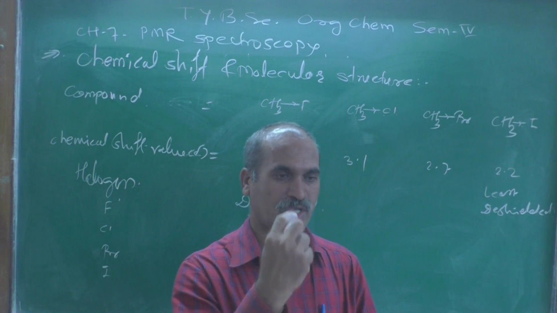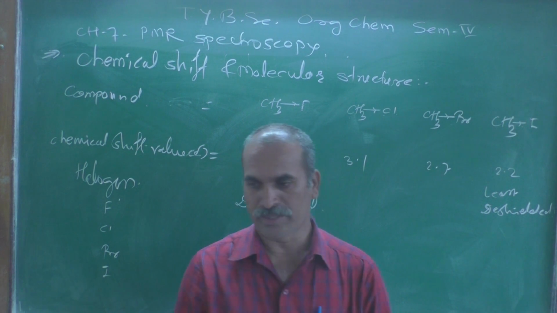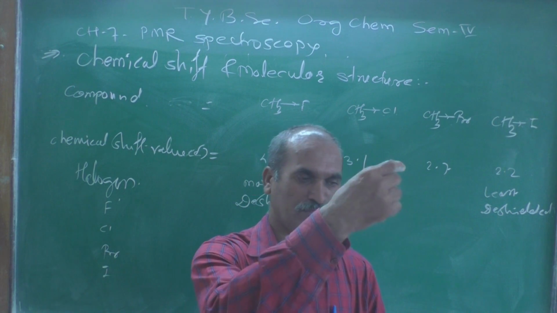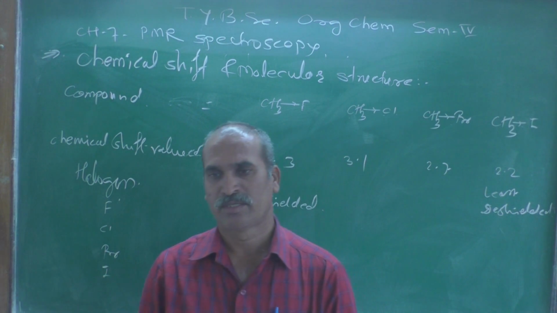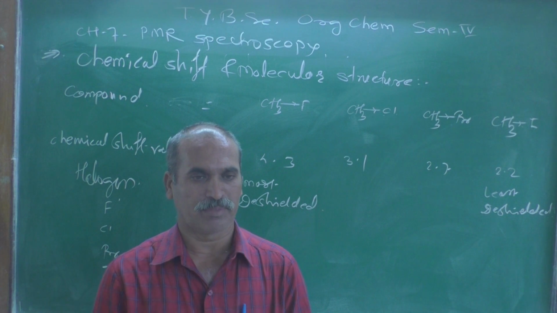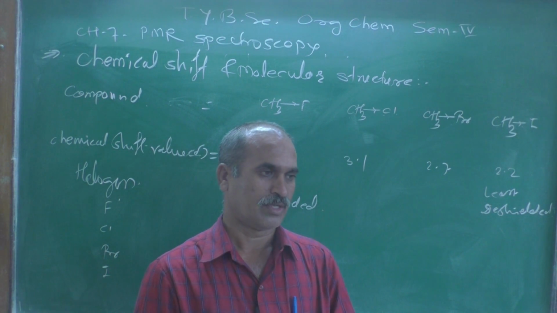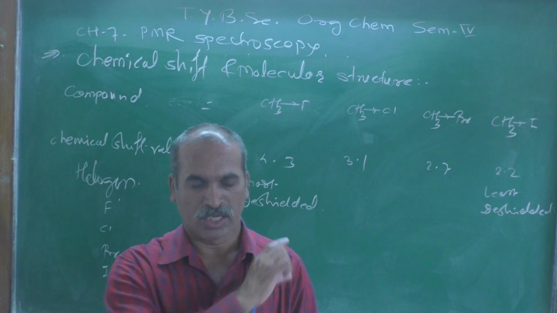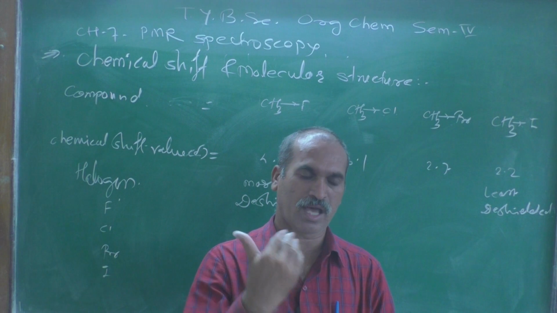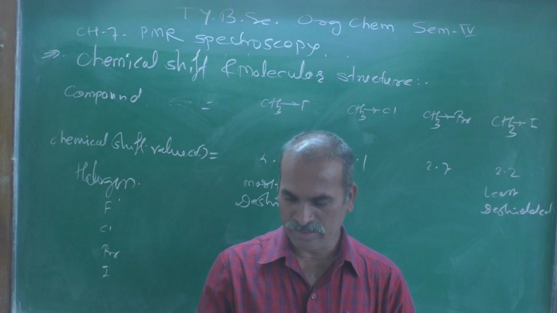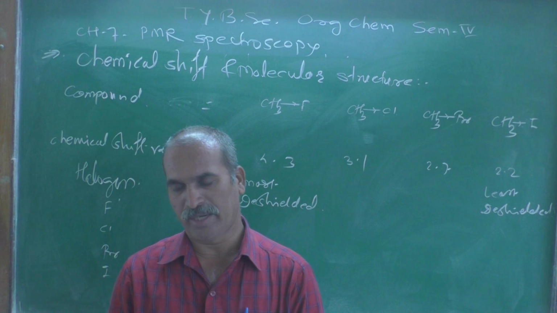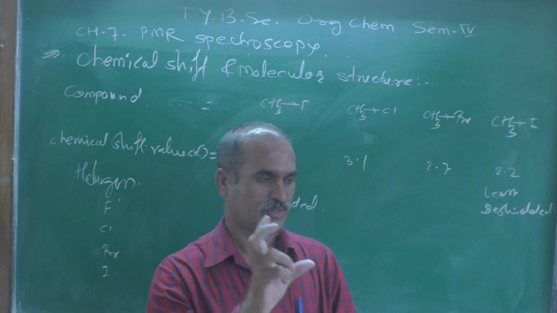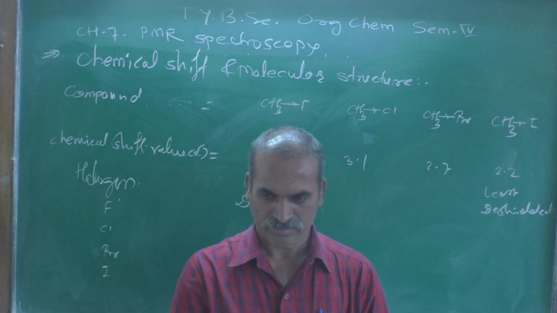But the general trend is that as we move across the period, the electronegativity goes on increasing, and when we go from top to bottom, the electronegativity of the element goes on decreasing. Across the period, electronegativity increases. The last family, the noble gases, is not counted in these properties.